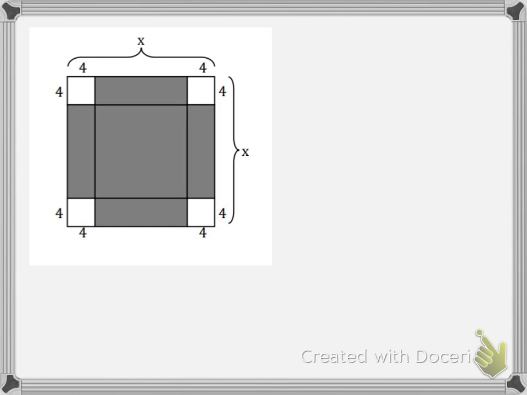So what we're going to do here is find the area of the whole thing, and then we're going to subtract the corners. So the whole figure is a rectangle.